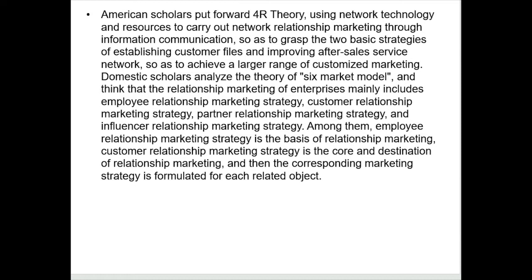Among them, employee relationship marketing strategy is the base of relationship marketing. Customer relationship marketing strategy is the core and the destination of relationship marketing. And then, the corresponding marketing strategy is formulated for each related object.